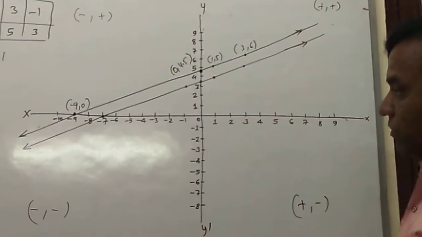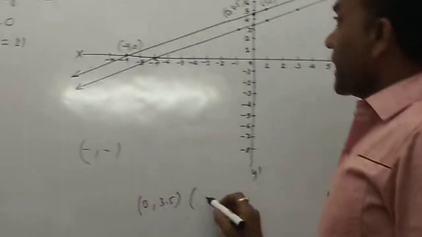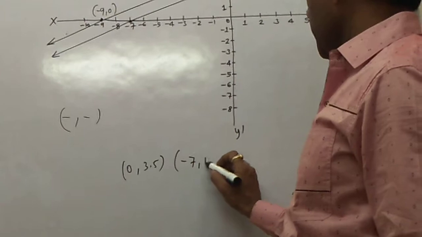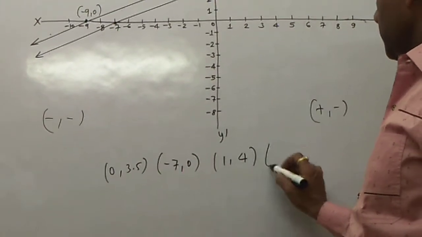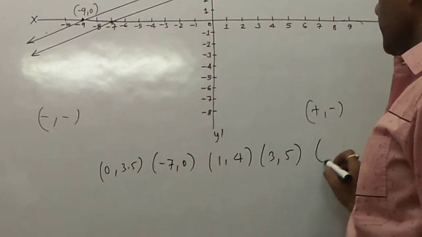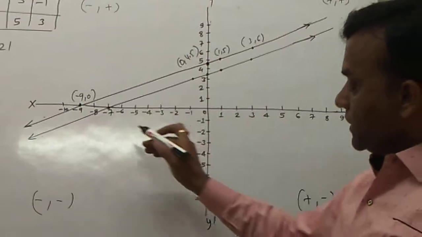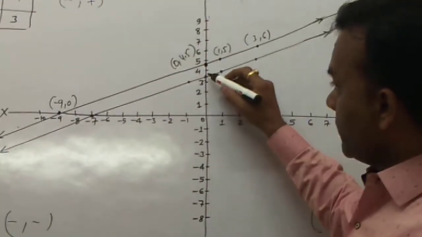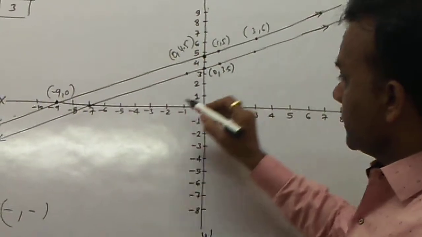Okay, then we have the second table. In the second table we have 0 comma 3.5, and then minus 7 comma 0, 1 comma 4, 3 comma 5, minus 1 comma 3. Okay, so we write down here similarly 0 comma 3.5, so this point is 0 comma 3.5.